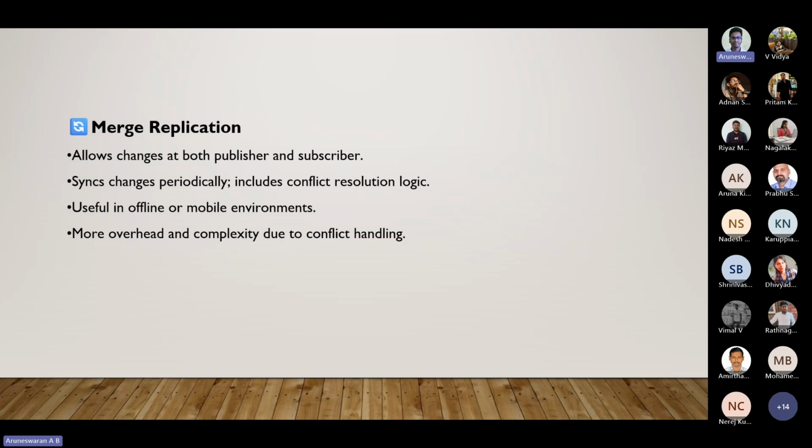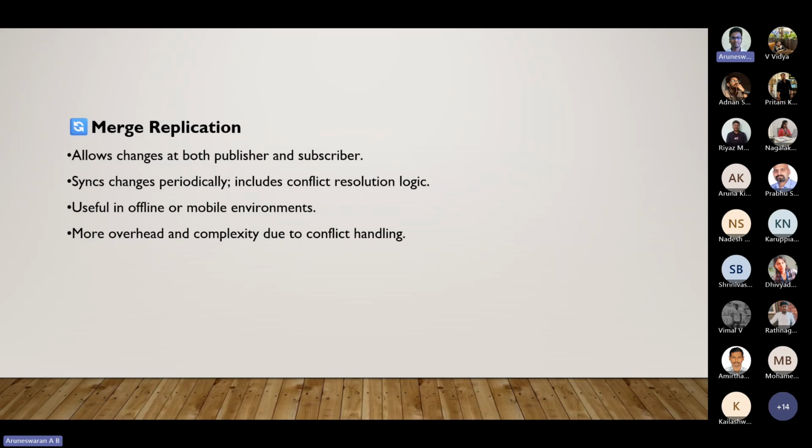But how can we do it from here? Because we have conflict resolution logic for merge replication that prioritizes which data we need to update in the table. For example, I have one employee table with employee ID and employee name. In that, I have employee ID 1, employee name R1. If I change the name from the subscriber, it will check the resolution logic.